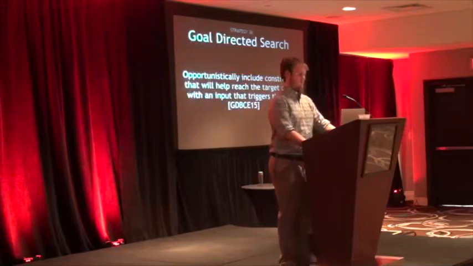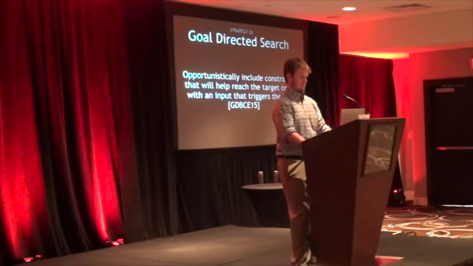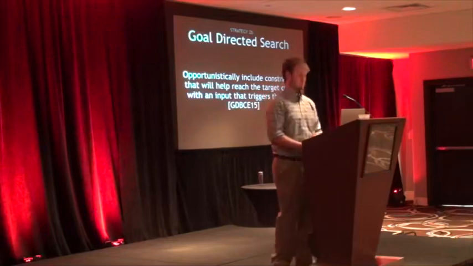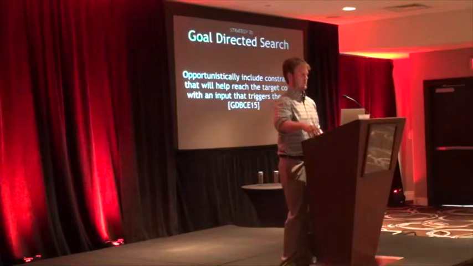So a technique that was created in response to this problem is called goal-directed search. The idea behind this is to opportunistically include constraints that will help reach the target code block until you're able to get an input that actually triggers the bug.